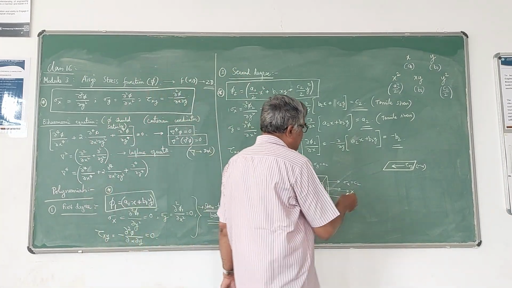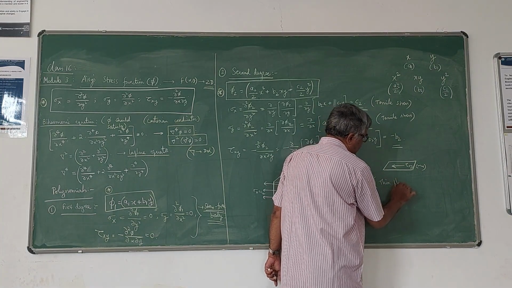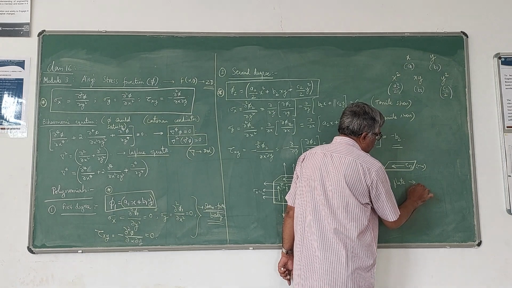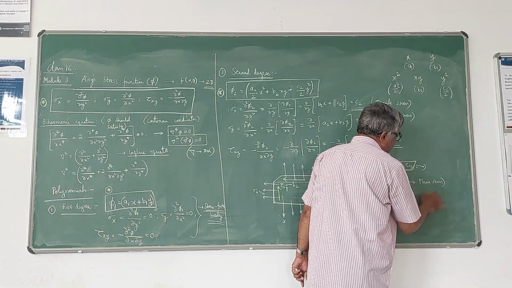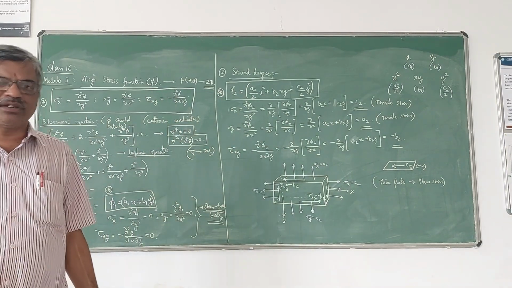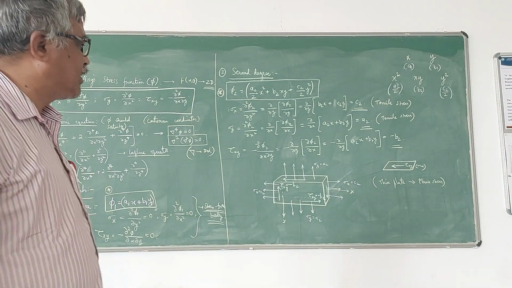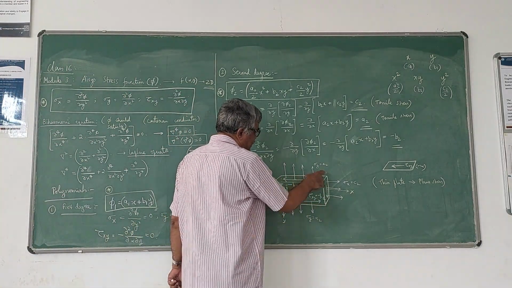So thin plate means naturally it is a plane stress problem. In the last video I have told that an example for plane stress problem is biaxial stress distribution on a thin plate. So draw a plate like this, show the thickness.